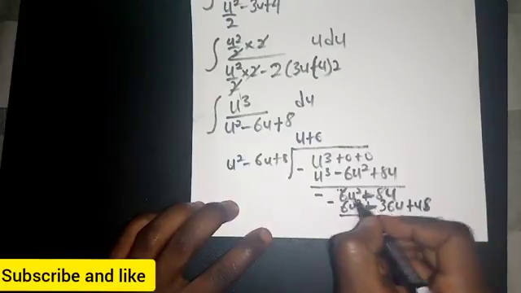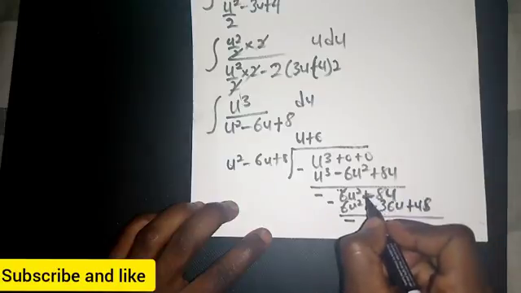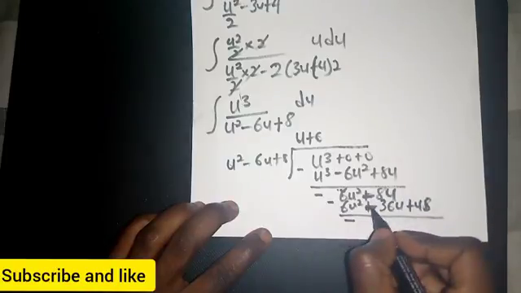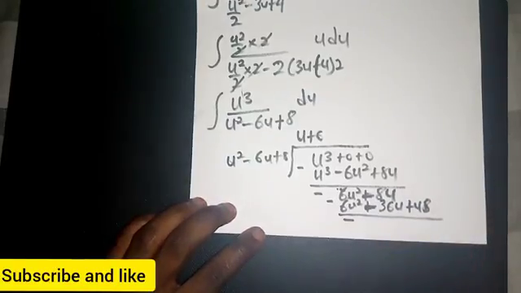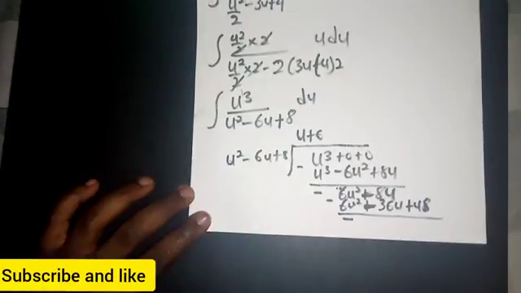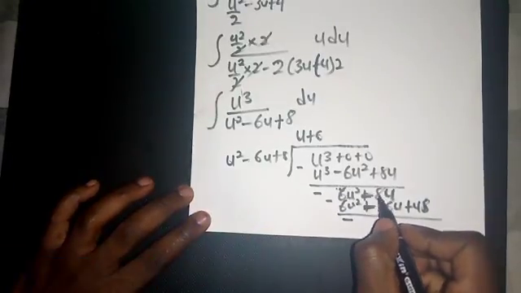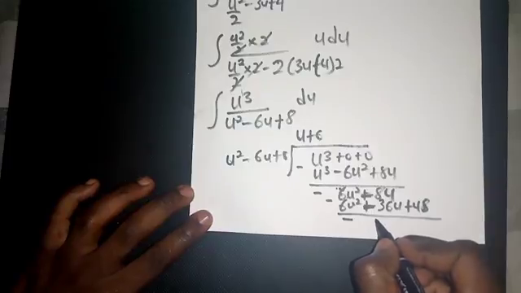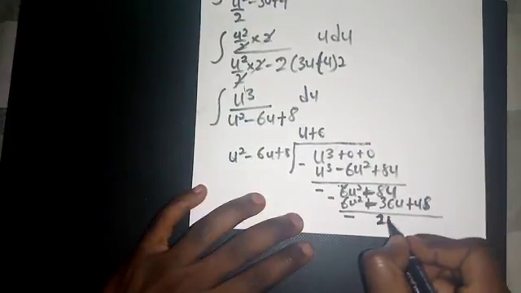So we have minus here, so this goes away, then we have negative 8u plus 36u, which is 28u.